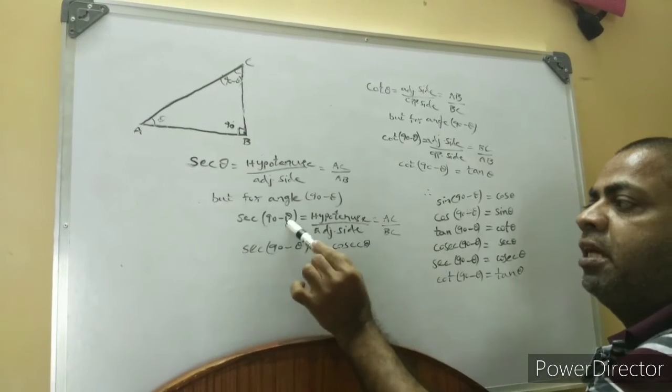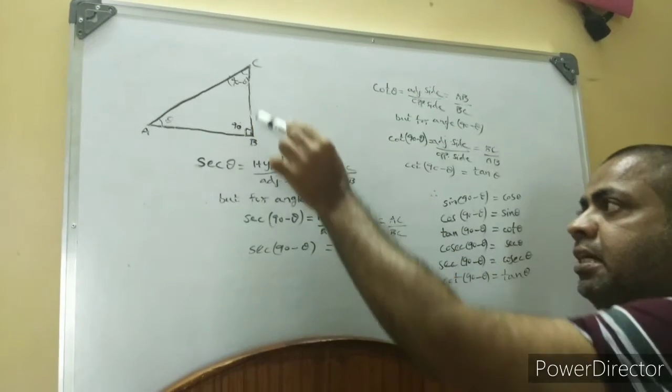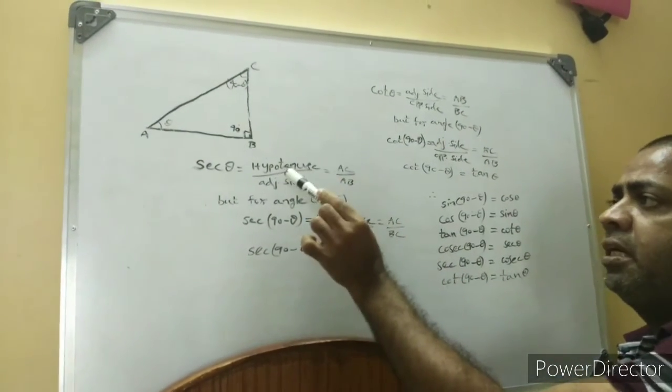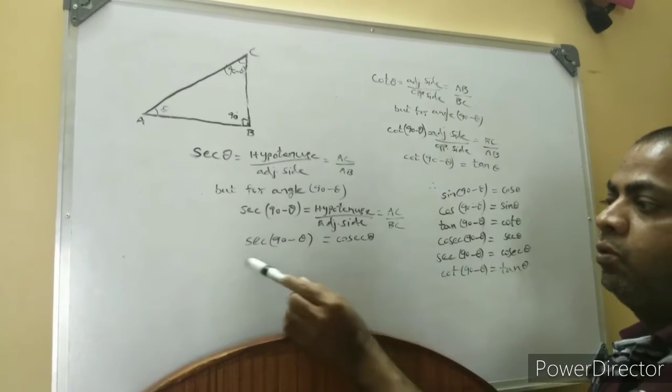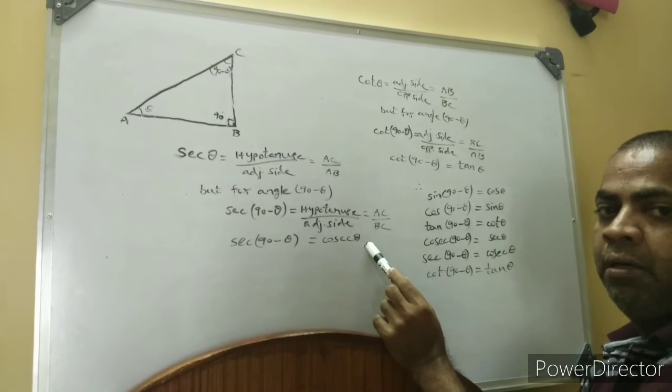The hypotenuse is AC only, and the adjacent side to 90 minus theta is BC. AC by BC is exactly equal to cosecant theta for the given figure. Therefore, secant 90 minus theta is equal to cosecant theta.